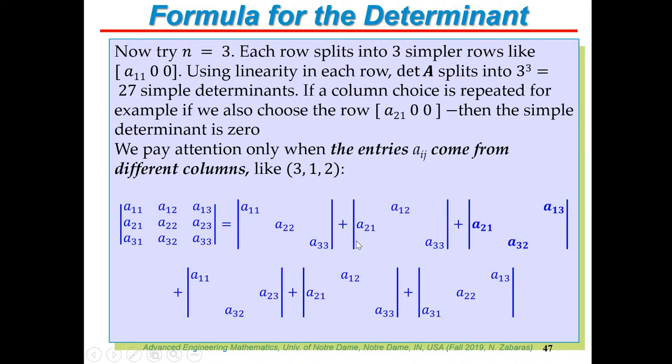And you can verify that every term uses each row and each column once. So for example, if I look at the term that results from the second determinant, the element A12 uses row 1 and column 2. This uses row 2 and column 1, and this uses row 3 and column 3.